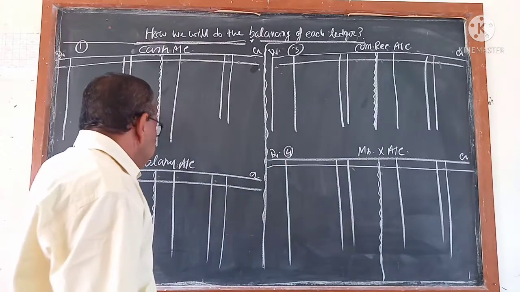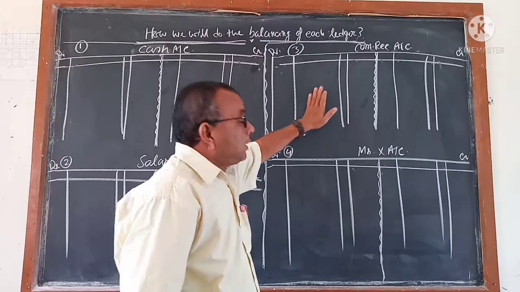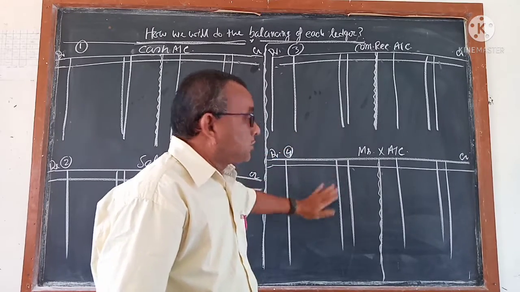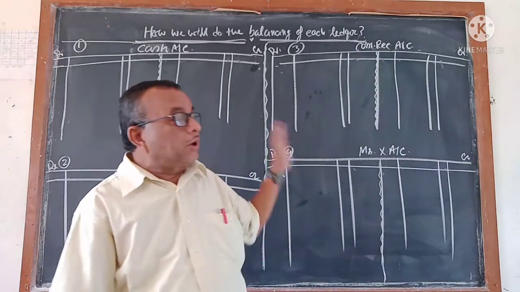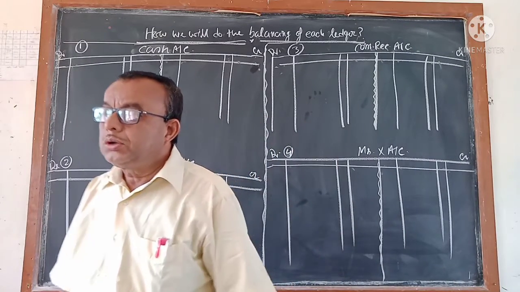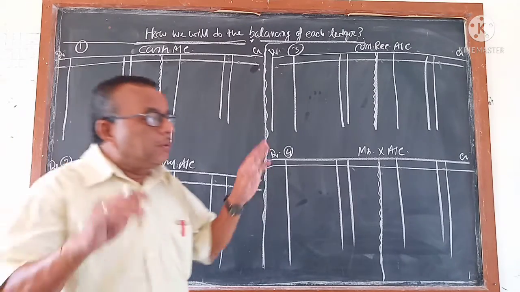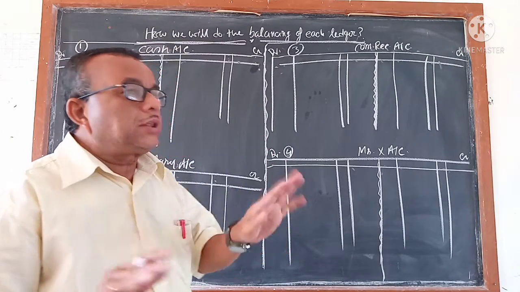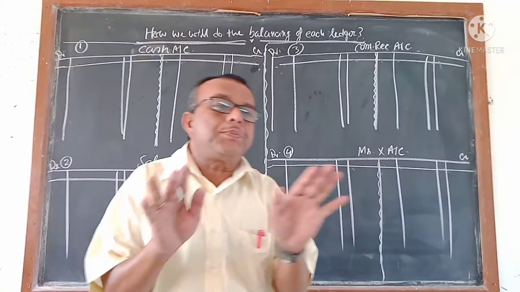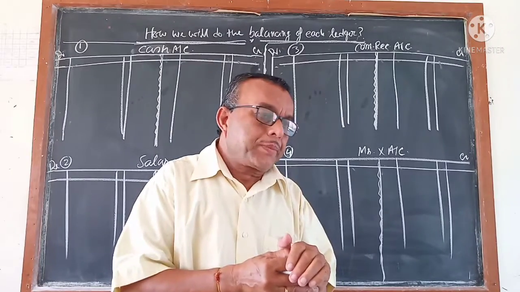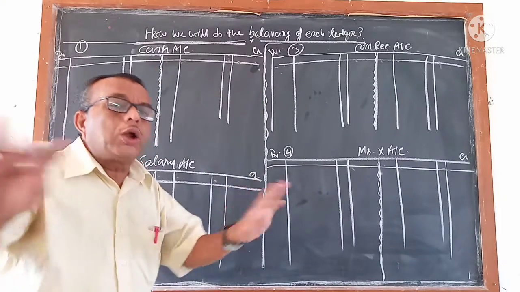One is the cash account, then the salary account, the commission receipt account, and the X account. A question may come to your mind: sir, why have you taken only 4? Because in totaling and balancing, four different types of ledger will come. Out of these 4, any one will come.